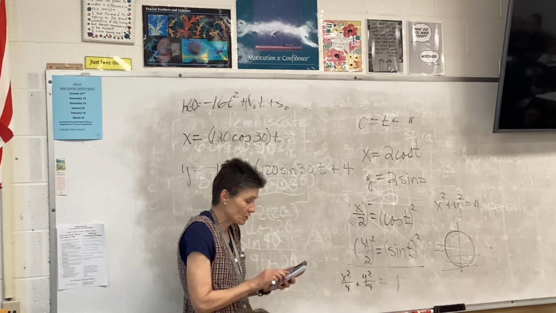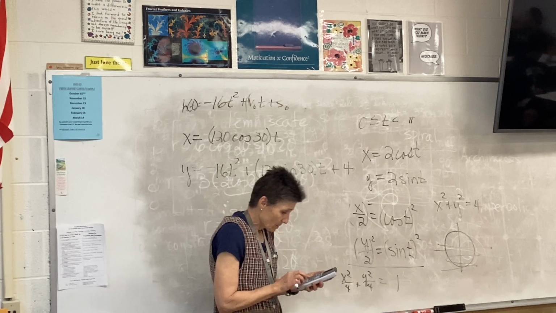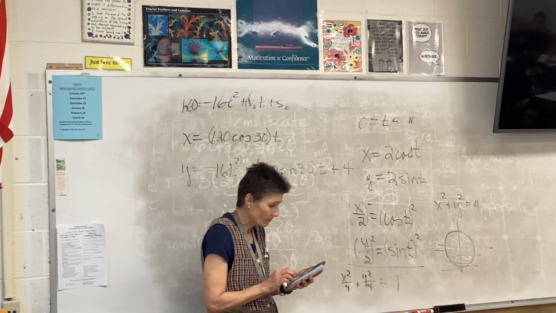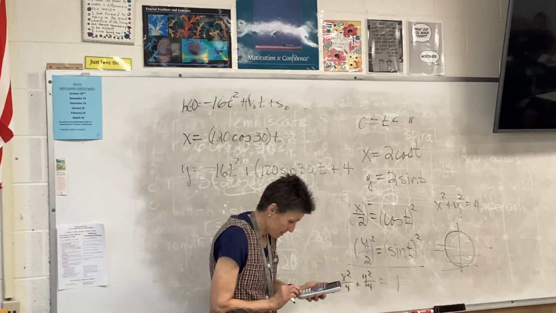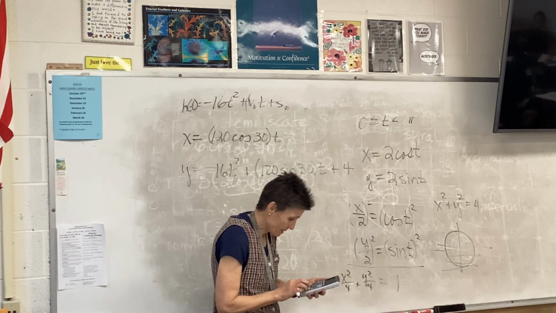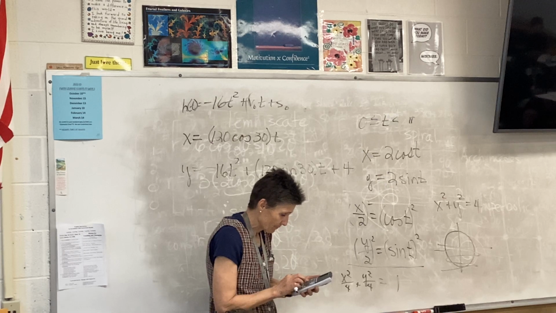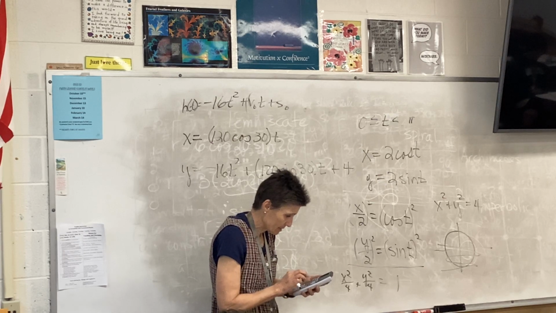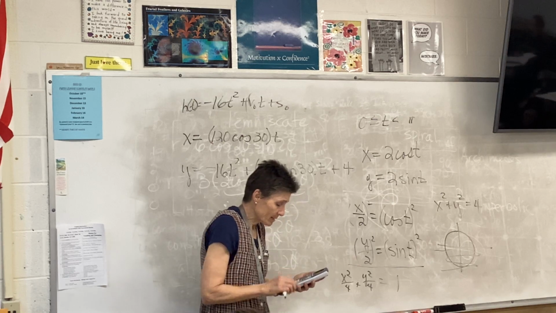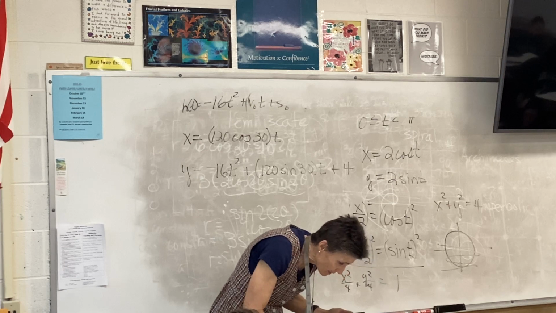Oh shoot, these are the ones you have to be careful of when you put them in. 120 cosine 30 t, and y is 120 sine 30 t, negative 16 t squared plus 4. All right, so my window has got to change.